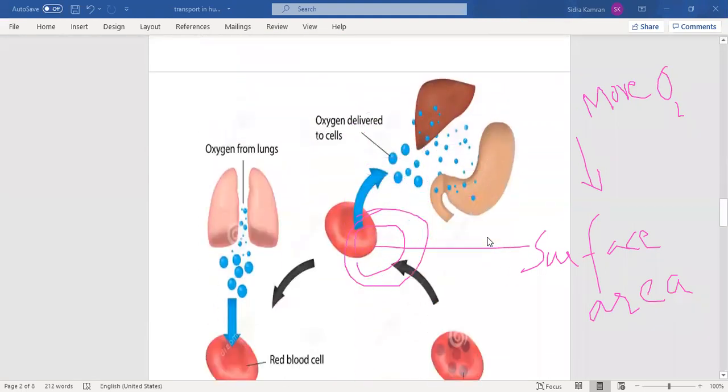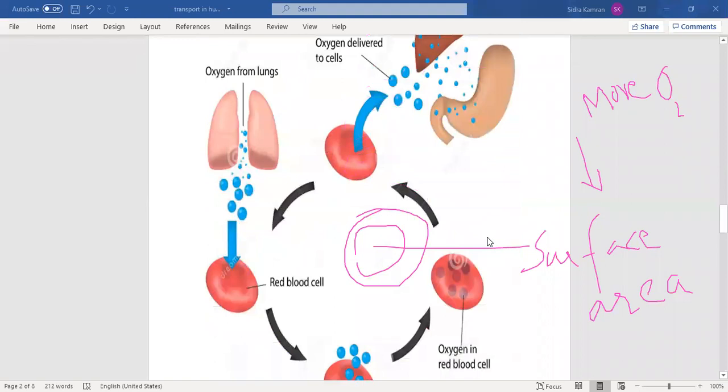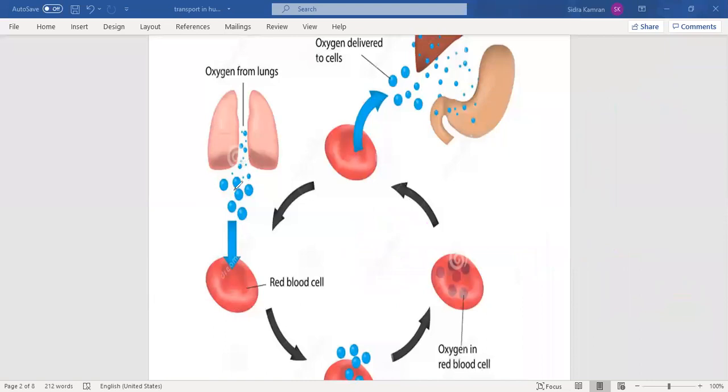Here you can see in this figure, these are the red blood cells. These red blood cells carry oxygen from the lungs. How do these red blood cells carry oxygen? They contain a chemical made up of protein, named hemoglobin.